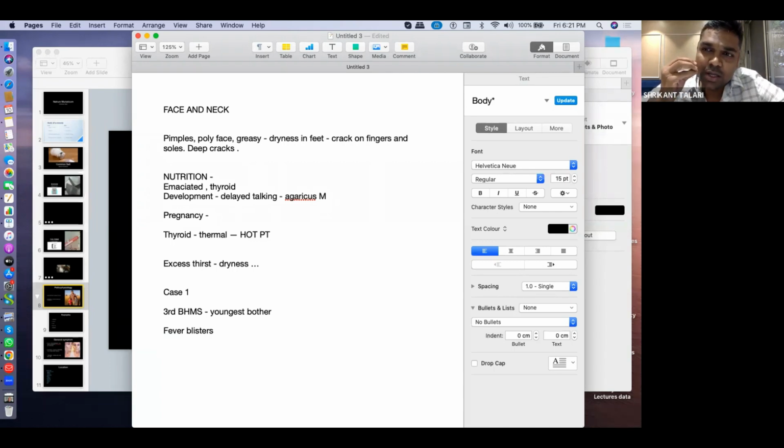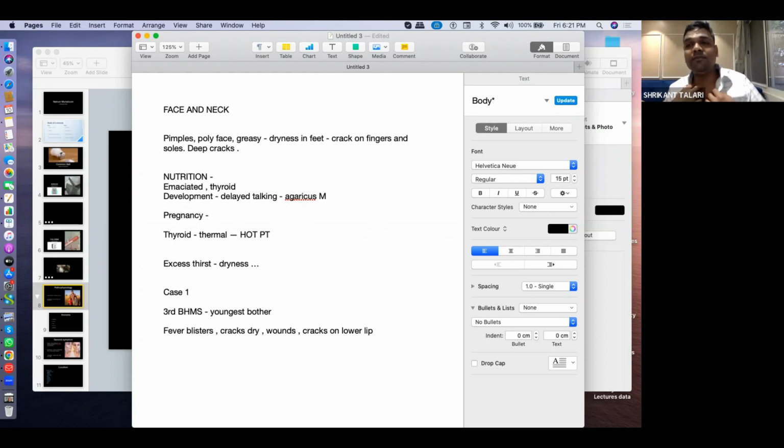Those blisters tend to crack later on, and they dry up and create wounds, especially around the mouth, or there will be a deep crack in the lower lip. This is very characteristic of Natrum. If you see fever beginning with blisters around the mouth and throat pain, especially at this location, always think of Natrum.